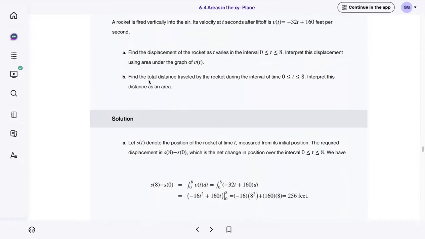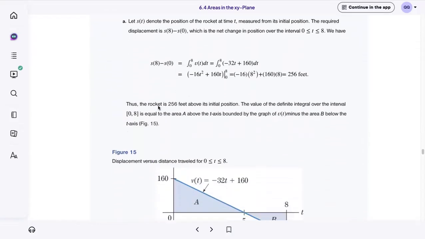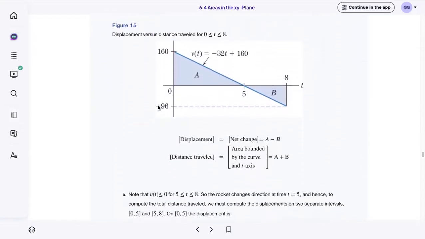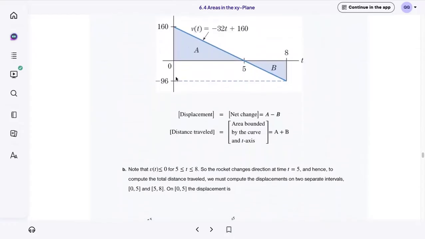And B is saying find the total distance. Total distance. So those two are different. Right. From 0 to A, we have positive and we have negative, because when we integrate from 0 to A, the positive and negative will offset, because of the displacement, so it reaches somewhere, right, on the ground.